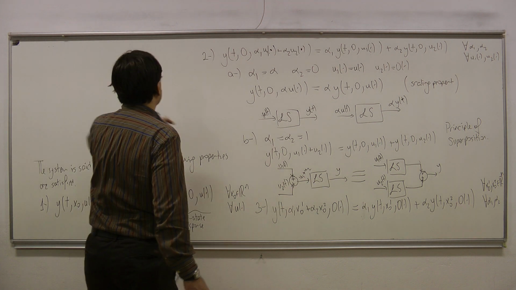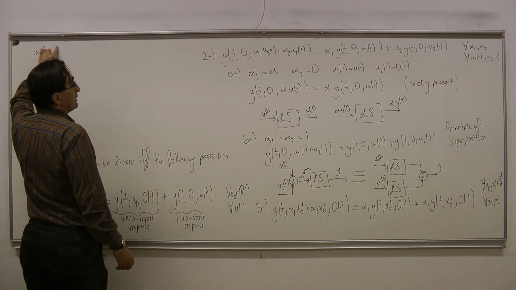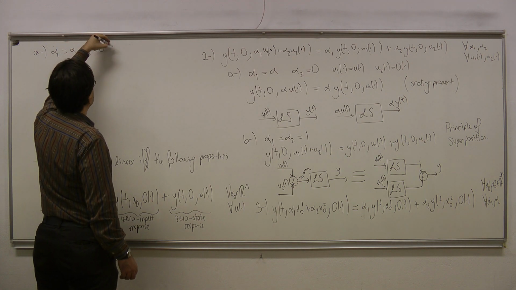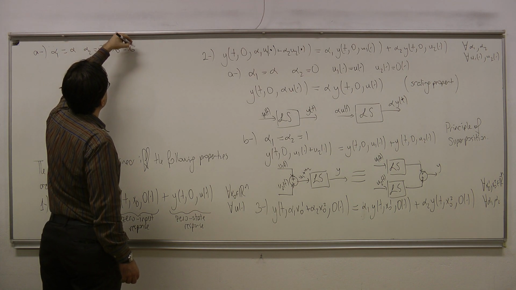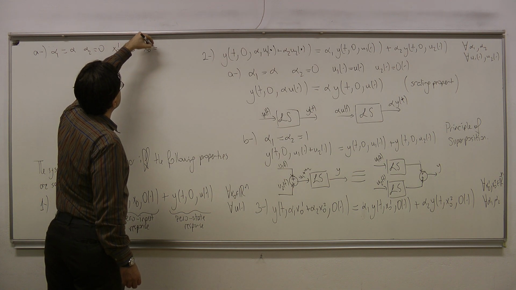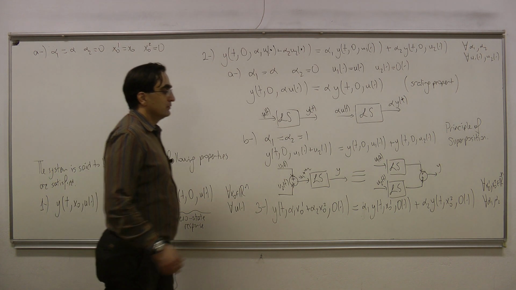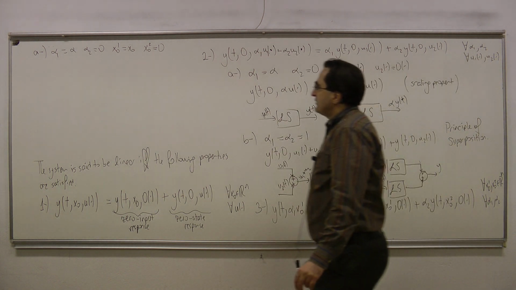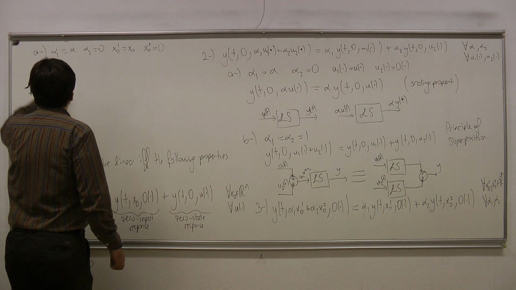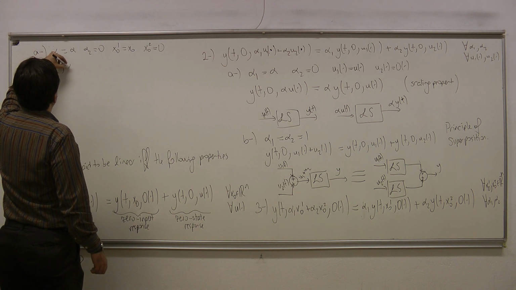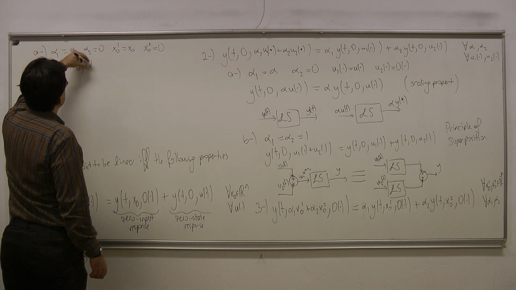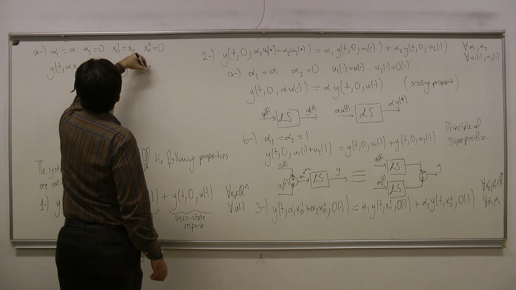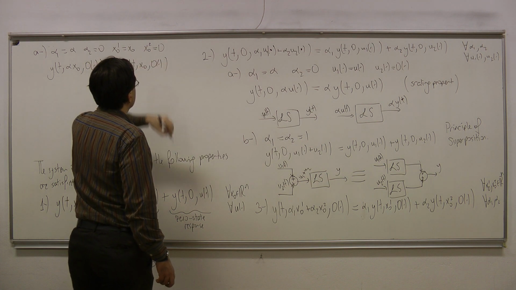I can make similar selections. Let alpha 1 equal alpha 2 equal 0, x01 equal x0, and x02 equal just 0. In that case, I can show that y of t with alpha x0 and zero input is equal to alpha times y of t with x0 and zero input.